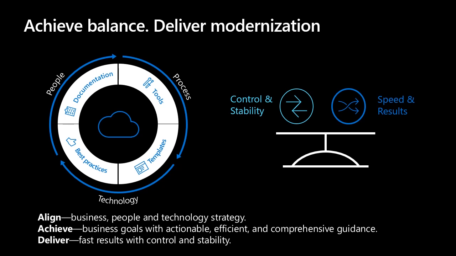It allows us to achieve not just the business goals and the technological goals, but balance that out with actionable, efficient, and comprehensive guidance that's provided by not just Microsoft, but Microsoft customers as well as benchmarks. And it also allows us to deliver fast results with control and stability. You do not want to, for example, rush into this project and just deliver outcomes at a very rapid pace without control and stability. There has to be a balance between both.